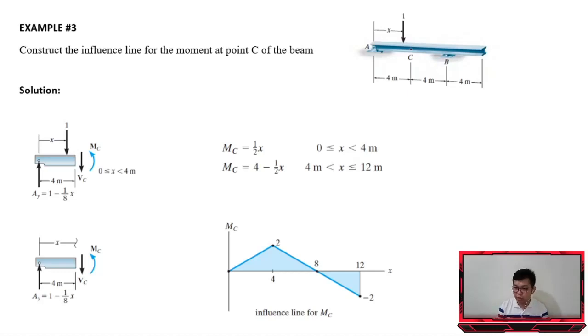Now, sa next part, anyway, meron na tayong 30 minutes, but don't worry, actually yung next part is, ito yung importante. Once meron ka ng influence diagram, okay, we are actually interested sa moving loads.